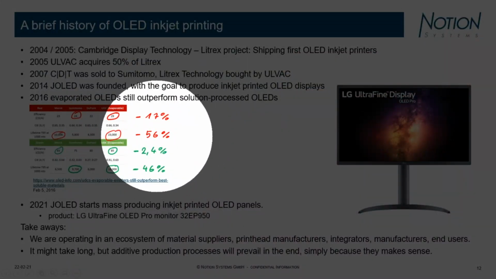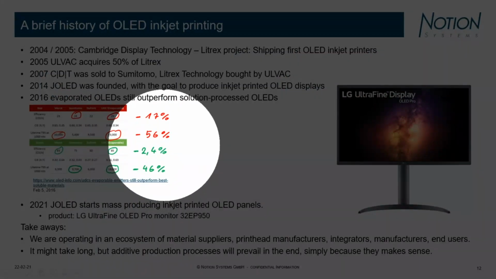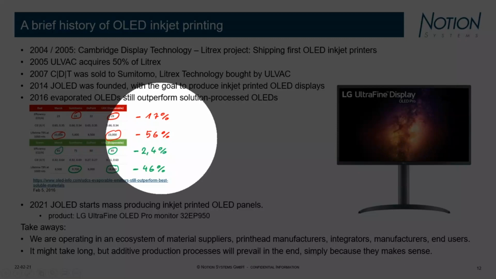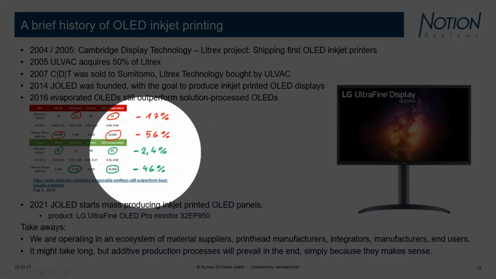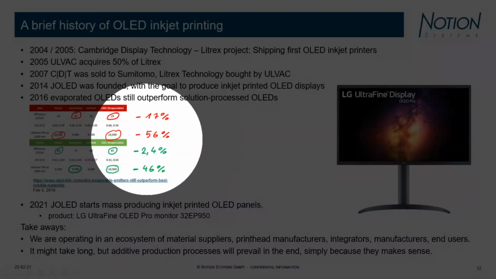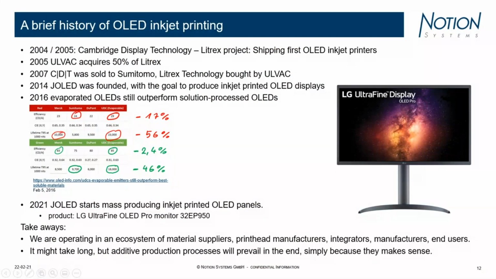I hope you can see it. So we have 17% for the red emitter, or minus 2.5% for the green emitter in brightness, and roughly half the lifetime if you compare evaporated OLEDs and solution processed OLEDs. So these are digits from 2016.